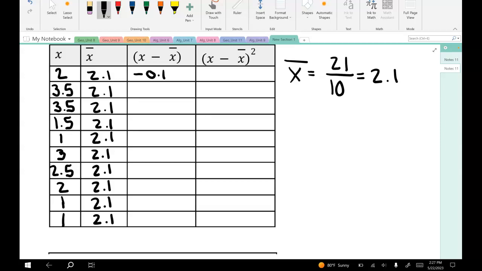If you just hit the answer, you can save the answer in there. So you do ANS squared. You don't have to type this in again. We're taking negative 0.1 times negative 0.1, so we'll get a positive number, and it'll be 0.01 in this column.